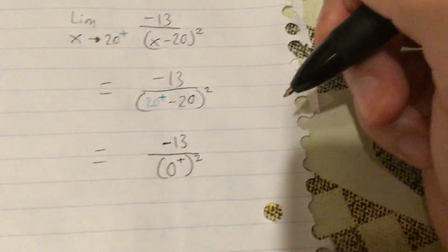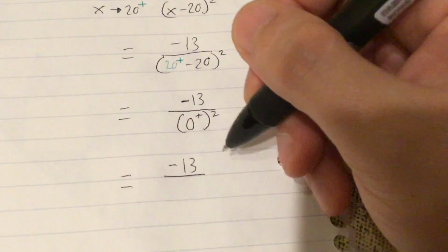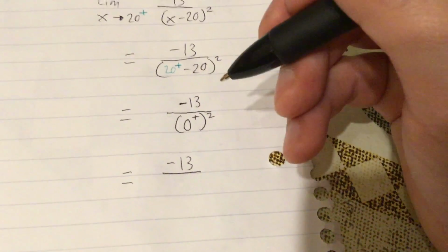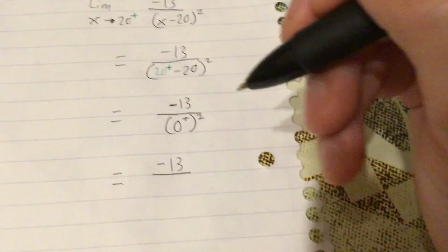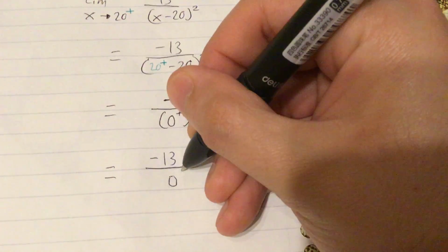And remember, we haven't squared it yet. So this is negative 13 over, as small as it may be, 0.00001 quantity squared, which is going to be still really small, but it's still going to be on the positive side.